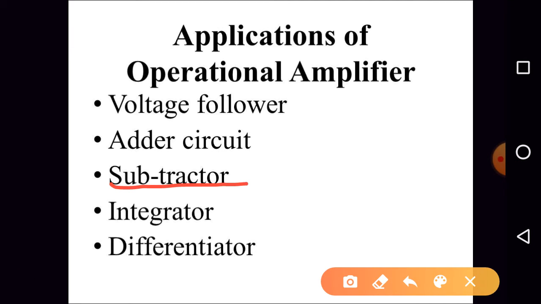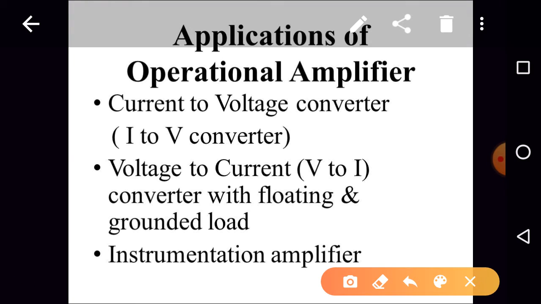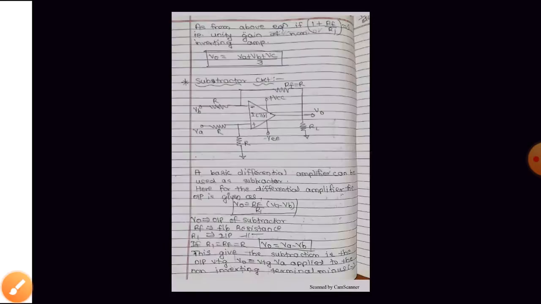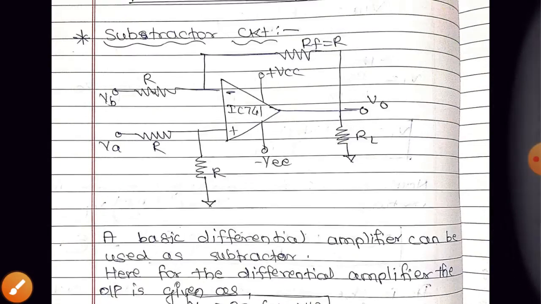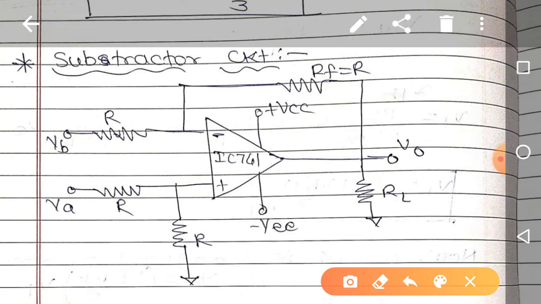Today we are going to discuss op-amp as a subtractor and op-amp as current to voltage converter, that is I to V converter. First application, op-amp as subtractor.